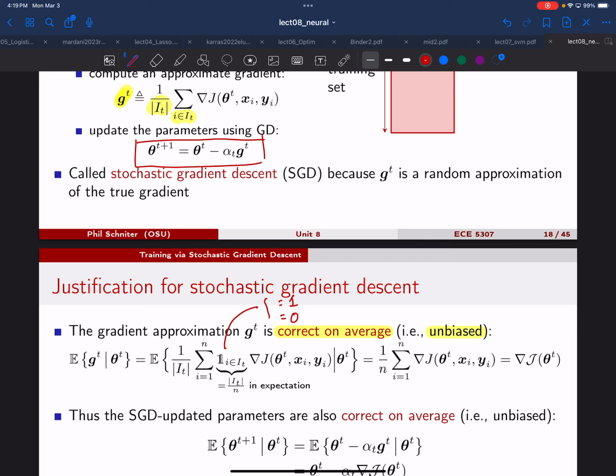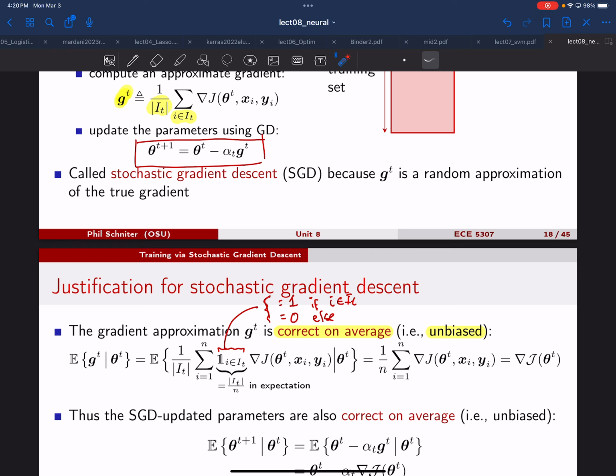It's 1 if I is in the subset or otherwise 0. Okay, so that's what this indicator does. So now you can see basically the full sum with that indicator is the same as this partial sum, right? Because anytime I is in the subset, then this turns into a 1, which is what's happening here. But if I is not in the subset, then this is not included in the sum, just like over here.